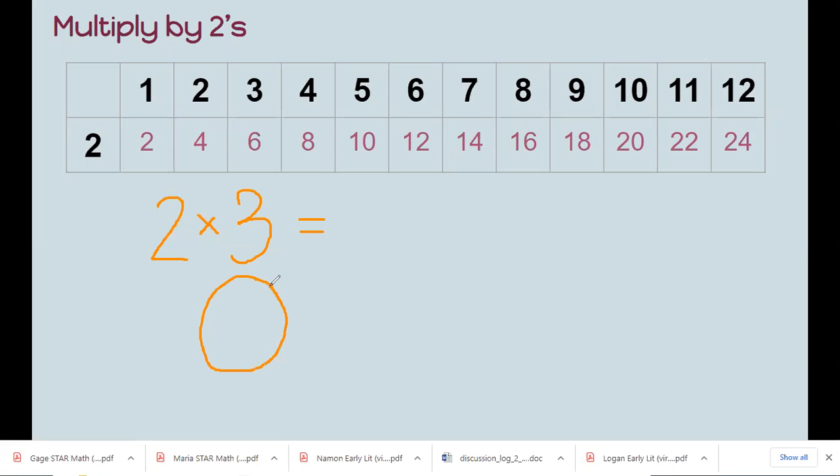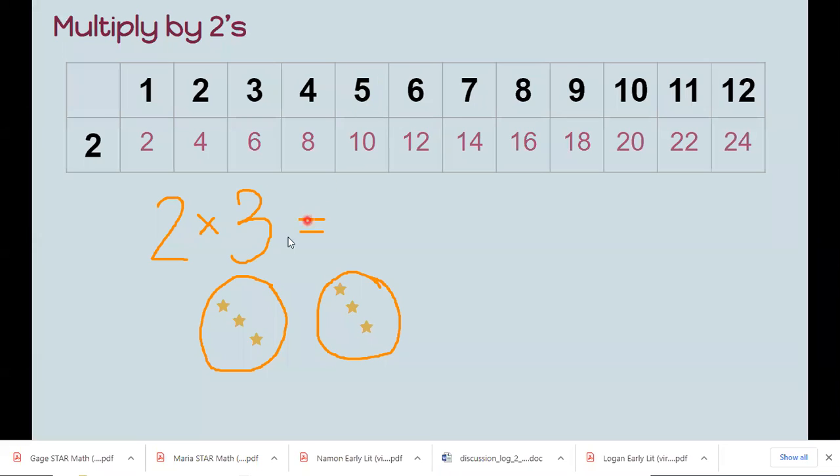One group, two groups. Okay? In each of my groups, I'm going to have 3 stars because it's two groups of 3. Let's put 3 in my first group. 1, 2, 3. Let's put 3 in my second group. 1, 2, 3.